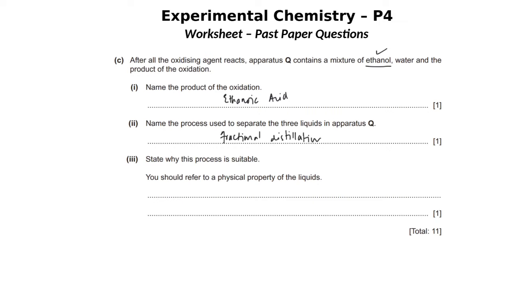State why this process is suitable. You should refer to a physical property of the liquids. So, on what physical property does fractional distillation operate? That is boiling point. We can do fractional distillation of these three liquids because all of these three have different boiling points. Do not write two-word answers.